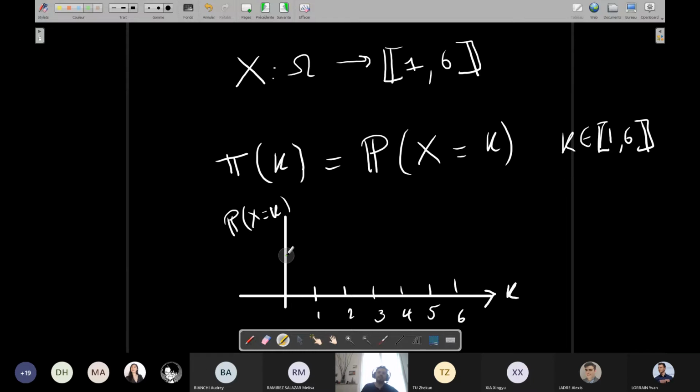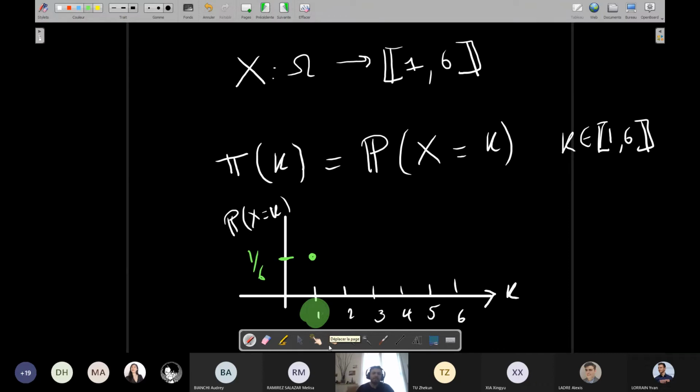What's the probability if I launch a dice that I'd get the number 1? What's the probability to fall in 1? 1/6, okay? So 1/6 is a number here, I get this point here.